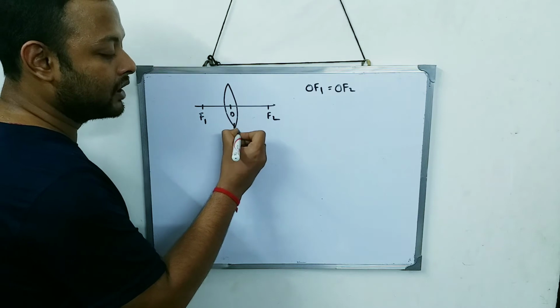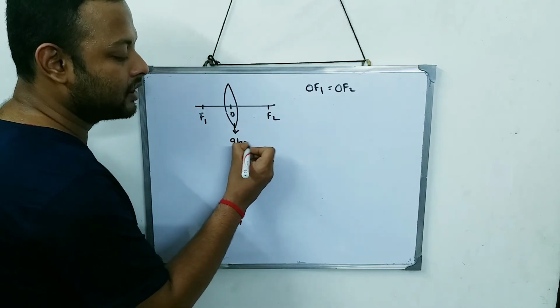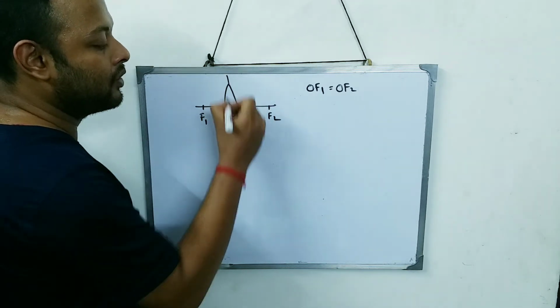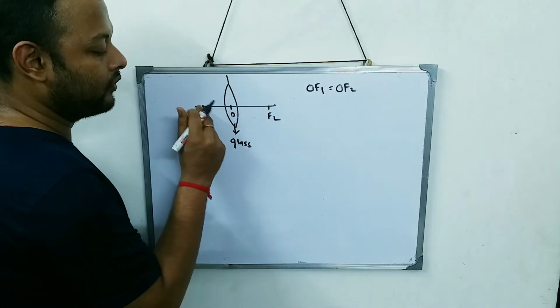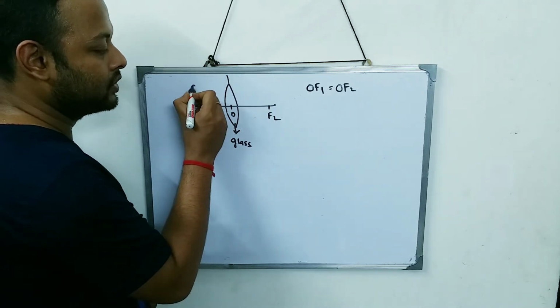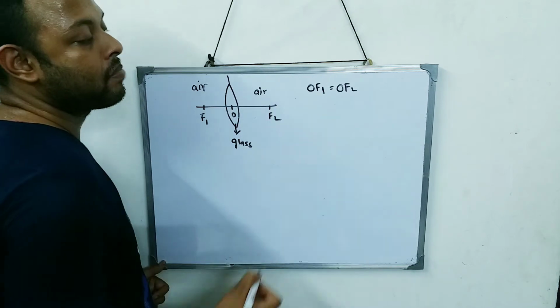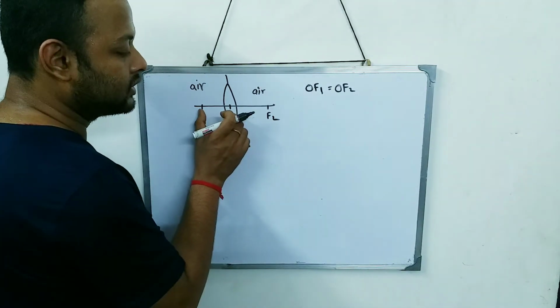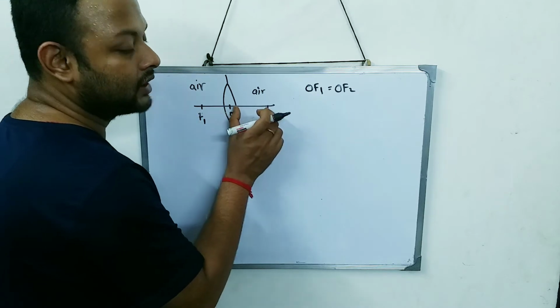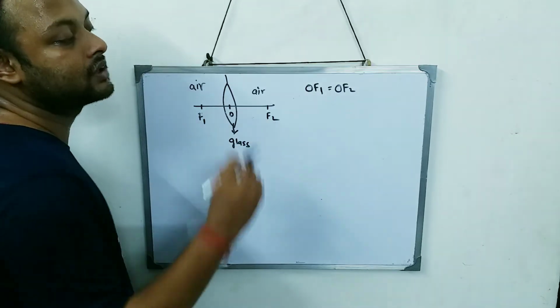Obviously this lens is made up of glass, but if this side medium is air and this side is also air, then only this focal length is equal to this focal length, meaning the first focal length is equal to the second focal length.